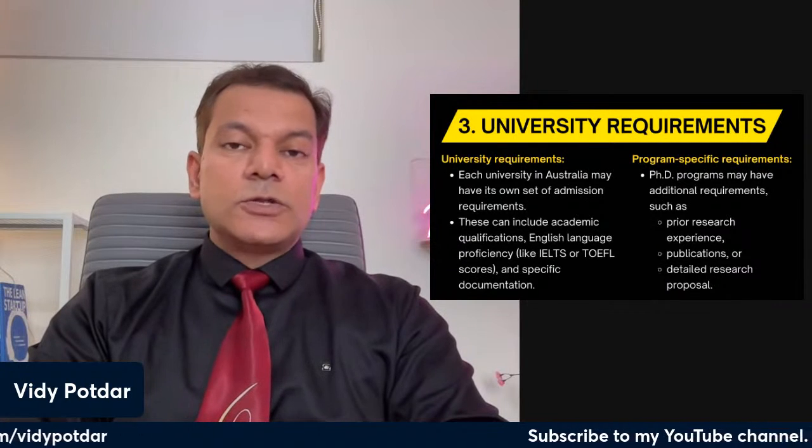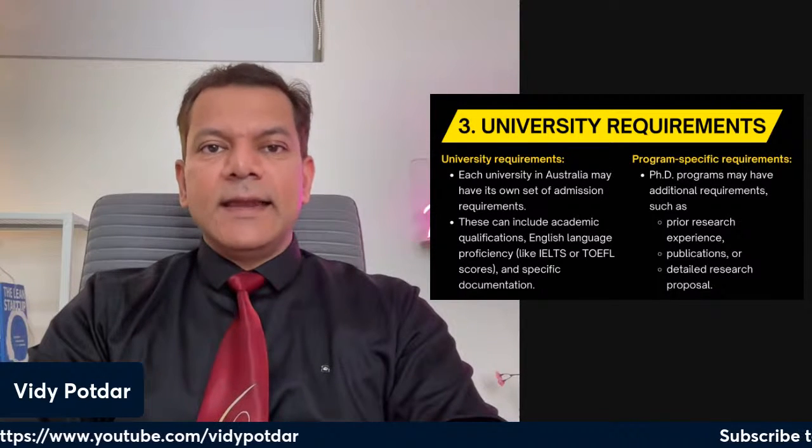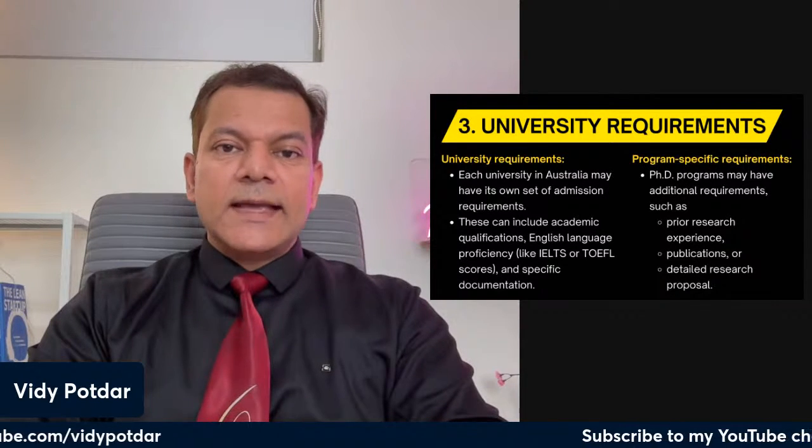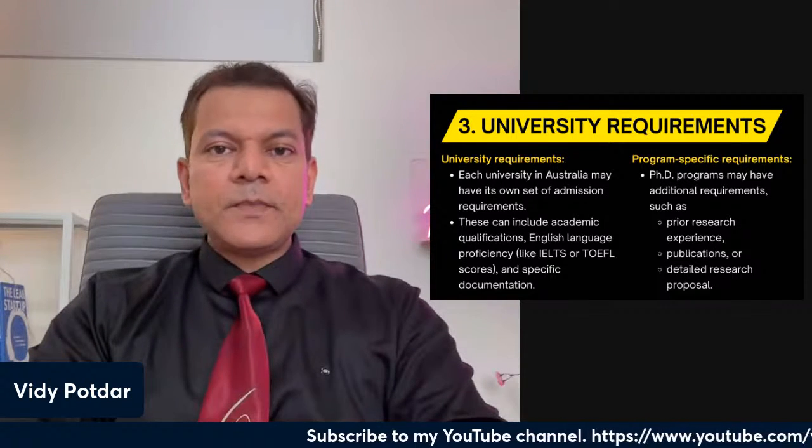You also need to prove your English language capability if you're not from an English speaking country. So you have to appear for IELTS, TOEFL, or any other English language exams or tests that are universally accepted. So that is the university requirement.